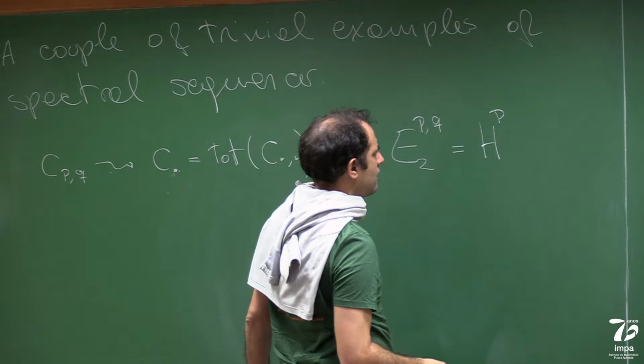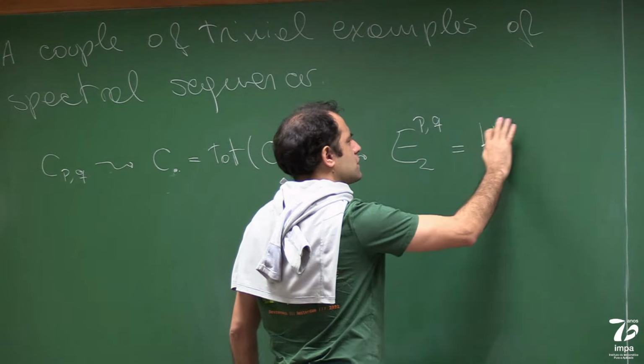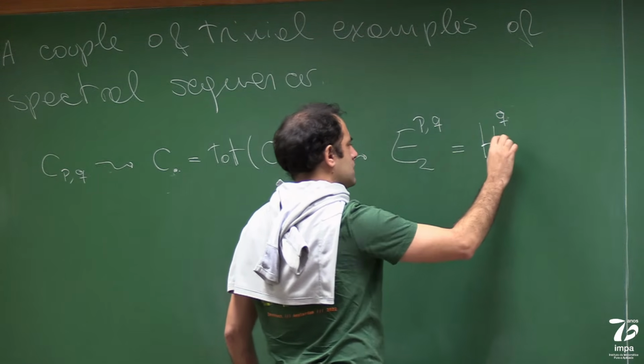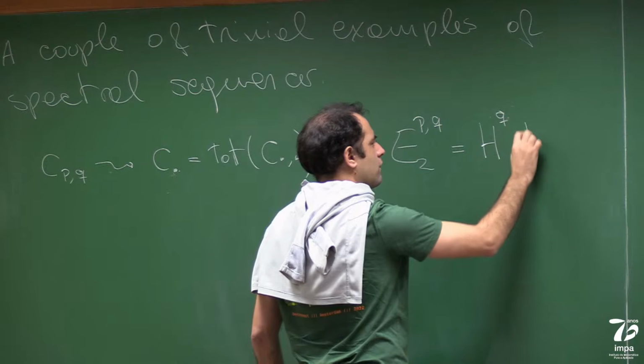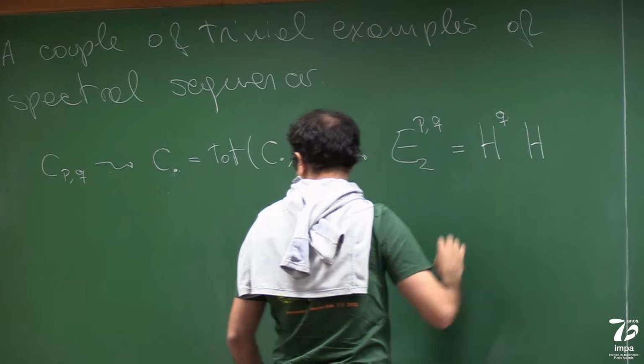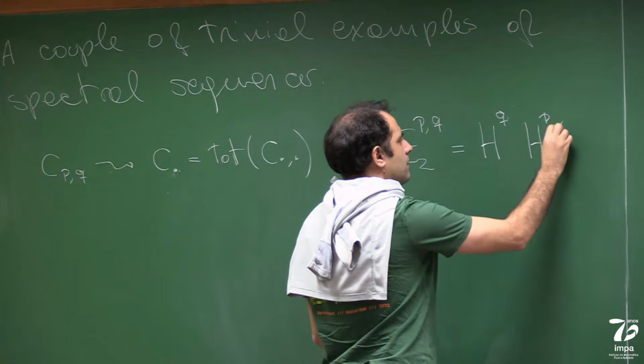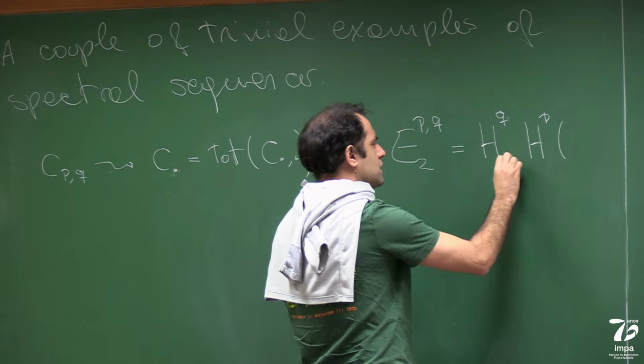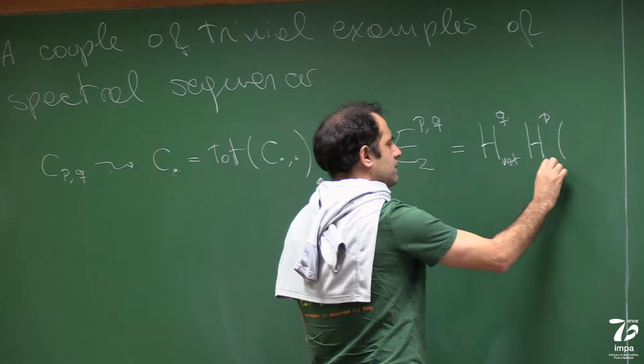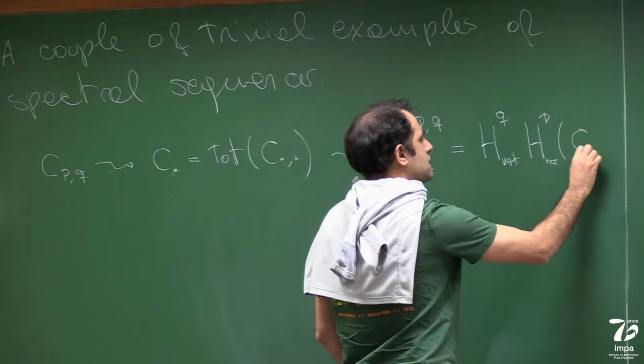I think I've used q first. I think this is how I denoted it, of h. P, so here I was using the vertical, and here the horizontal of this double complex.